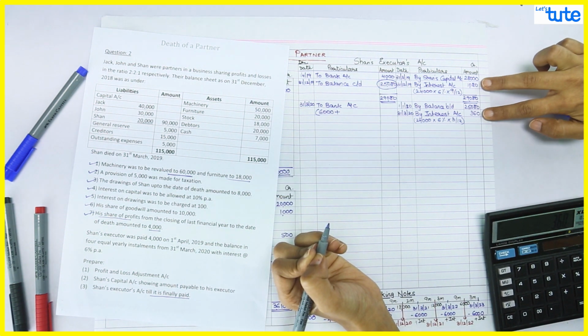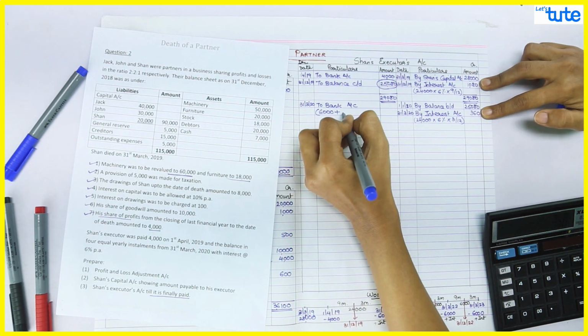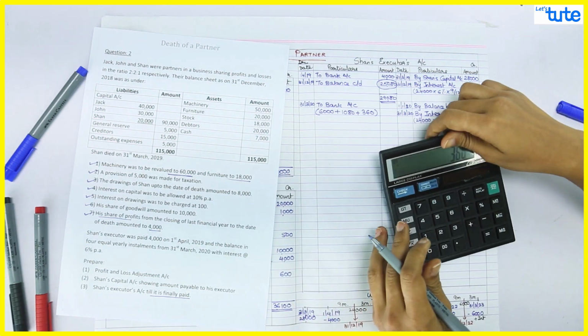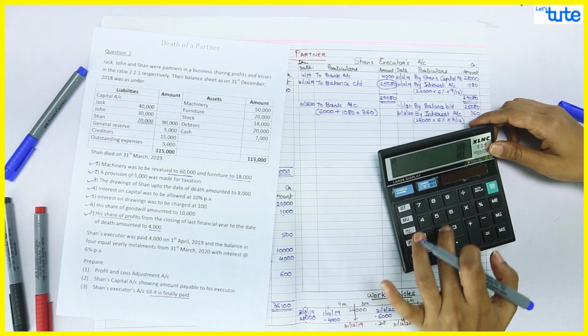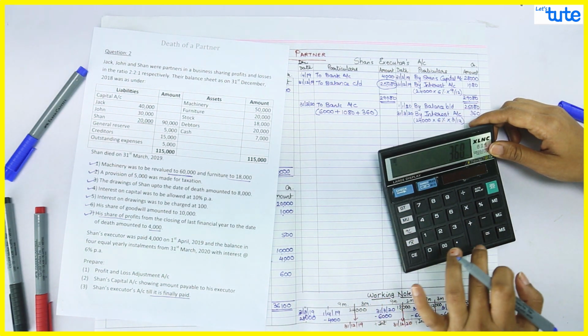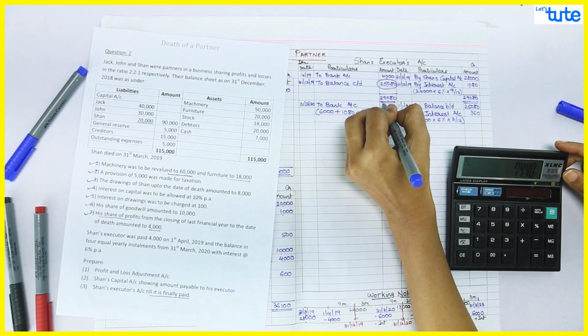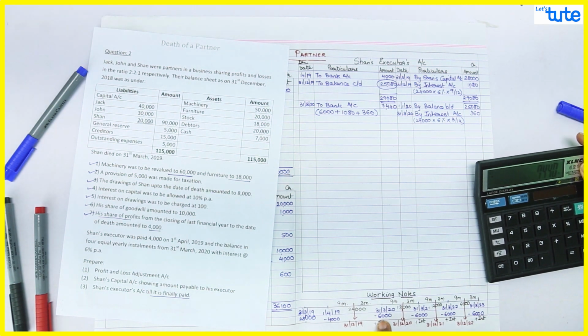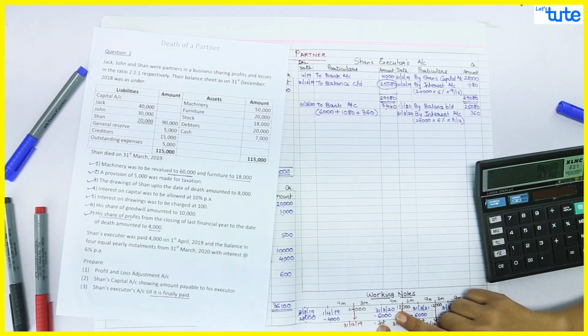So now interest would be paid for this entire 12 months. So that would be 1080 plus 360. So 6,000 plus 1080 plus 360, so that would be 7440.